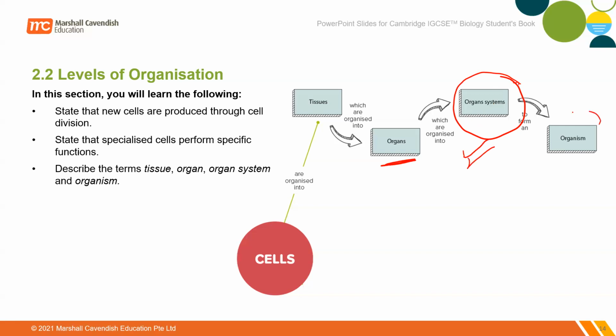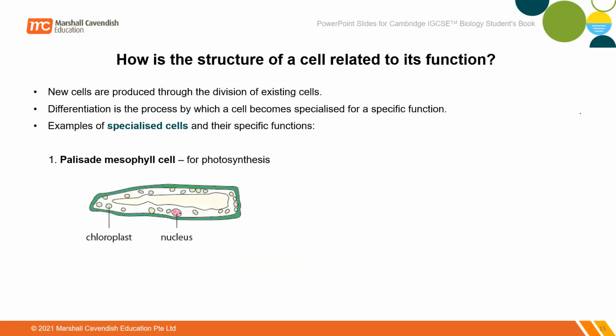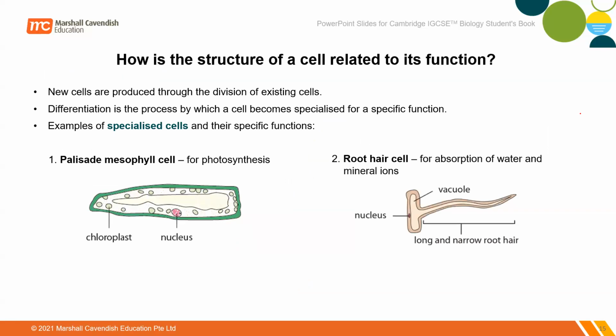And finally, the whole body is made up of a lot of organ systems working together. So let's take a tour on the next couple of slides, and then I will show you the part of levels of organization.